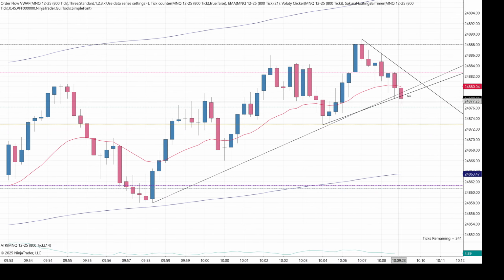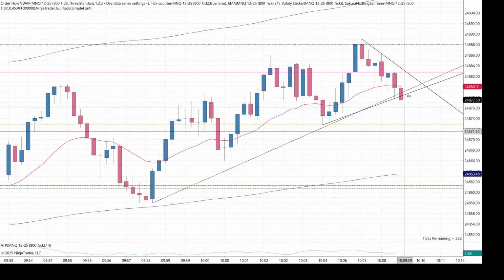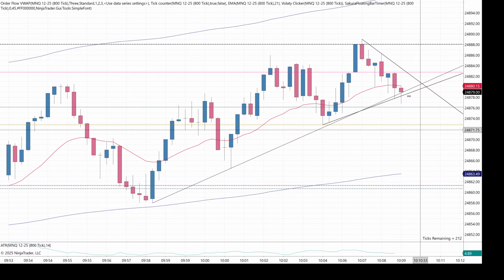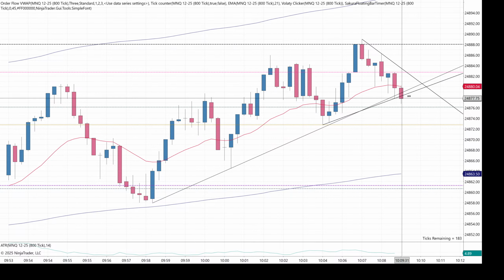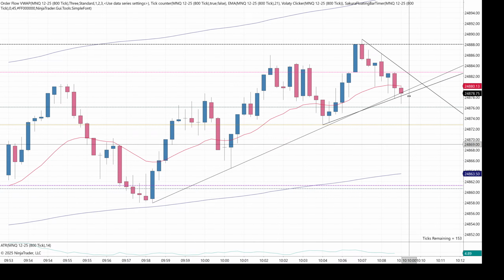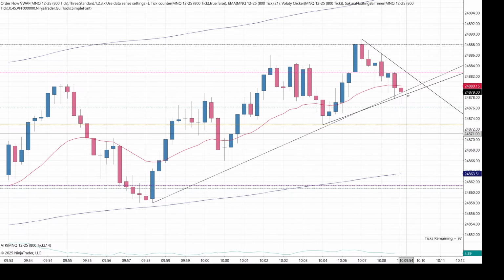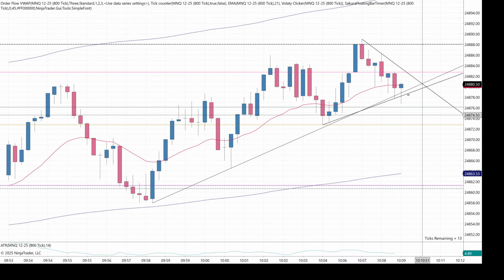This is looking like it wants to be a bearish trigger, but we do have the golden ruler in the way right here. Or a bearish signal. It's looking like it wants to be a bearish signal candle. Not anymore.